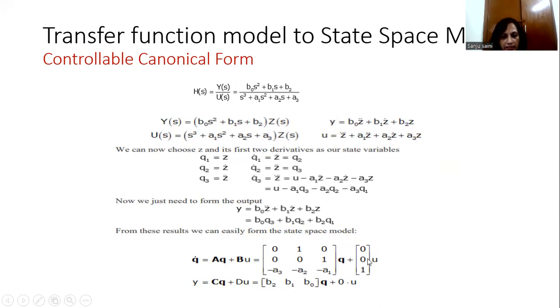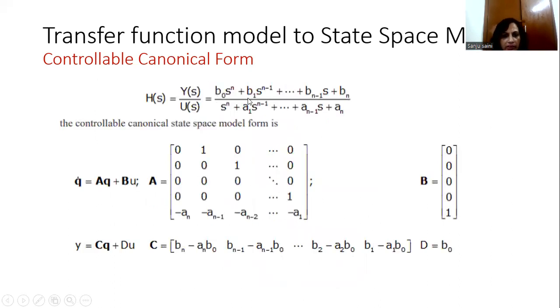Then matrix B is simply all entries 0 and the last is 1, and matrix D is equal to 0. This is for the third order system, and it can be generalized for the nth order system, with all entries 1 here. In the B, the last entry is 1. In the D, this is equal to B0.